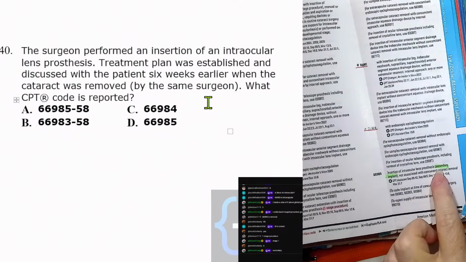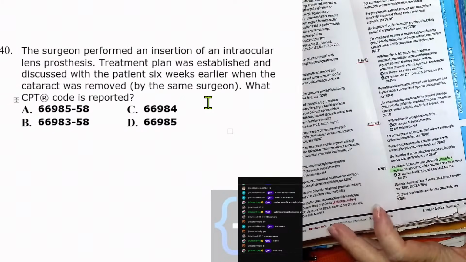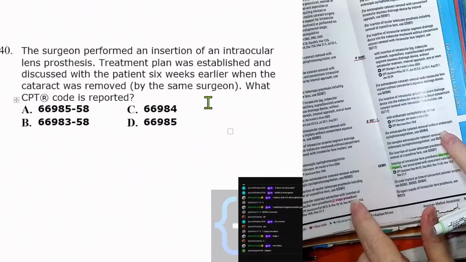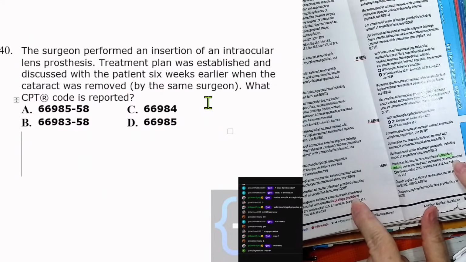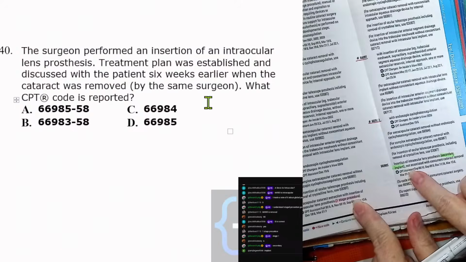It says secondary implant. Those key terms about stage 1 procedure or secondary implant are the differences that AAPC wants to know if you know.